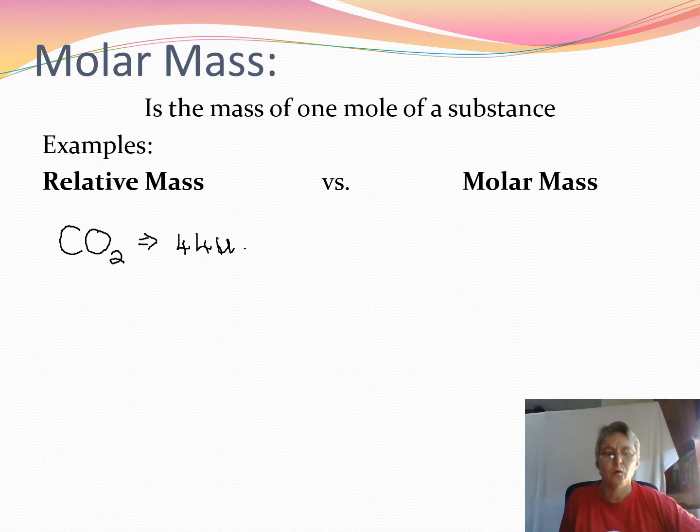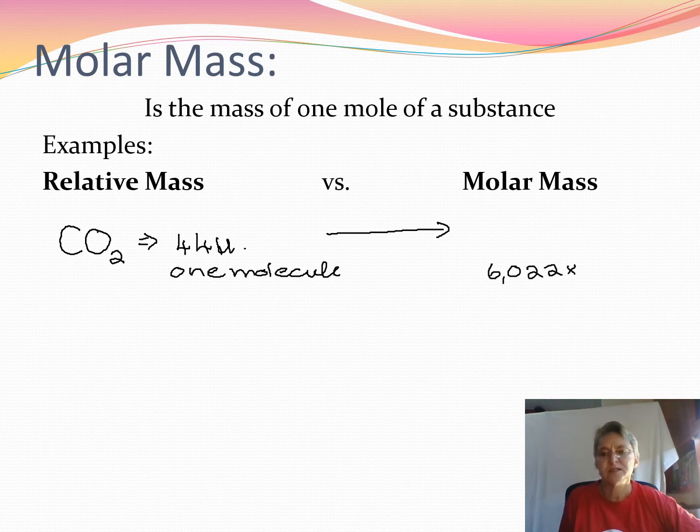That's for 1 molecule. Now, the molar mass of carbon dioxide would be the mass of 6.022 times 10 to the 23 molecules, and that would be 44 grams per mole.